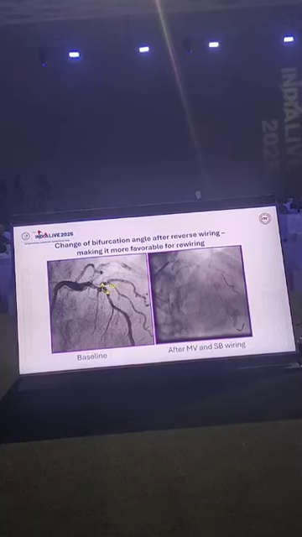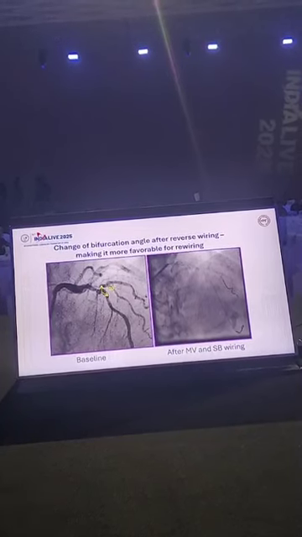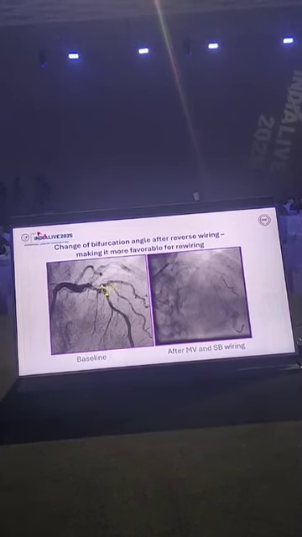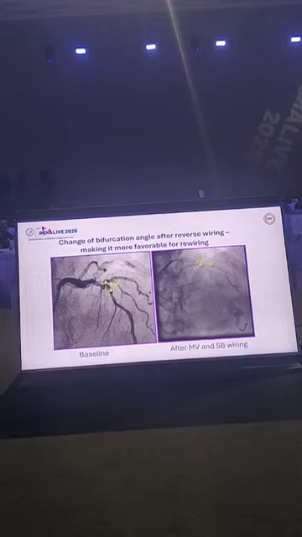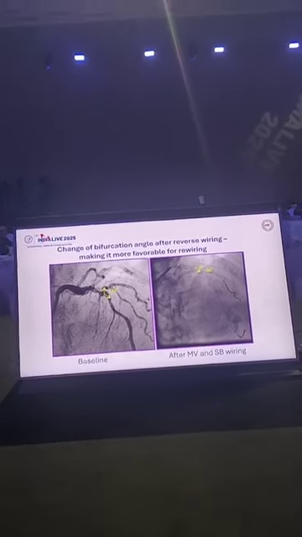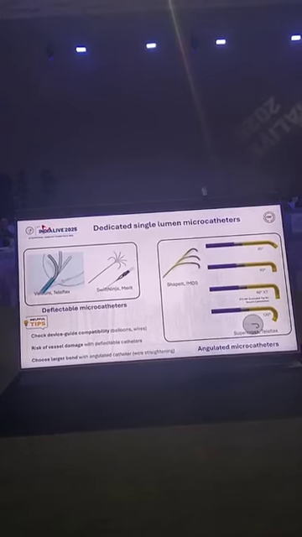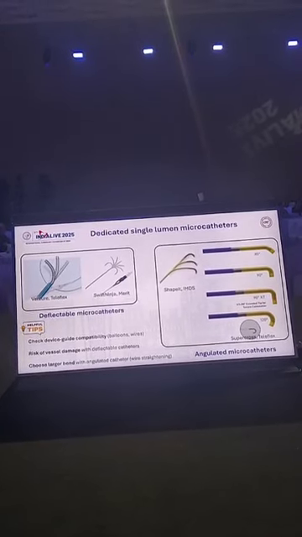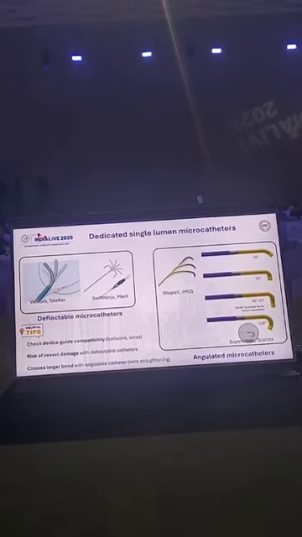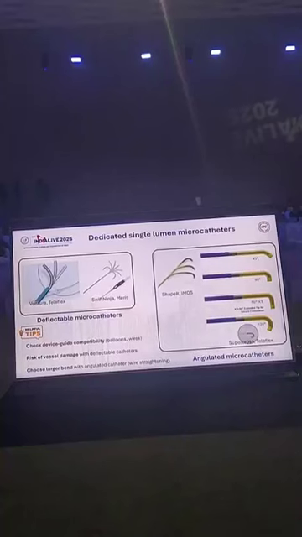Here is an important point: when you are crossing one branch, the angle might change significantly, as you can see here. Additionally, besides the dual lumen catheter, you might have a different type of technology. You might have angulated microcatheters.